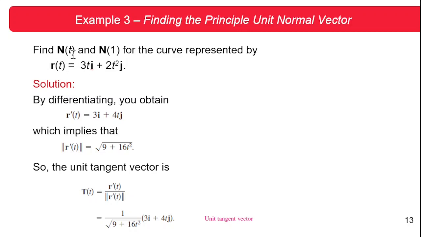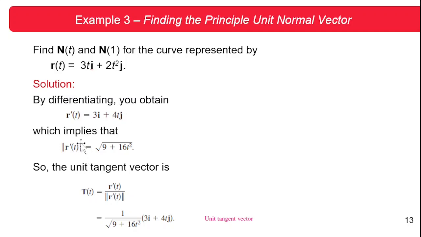To find the unit normal vector to this curve, we have to differentiate the given vector r(t). So the first derivative is the derivative of the first component, 3i, plus the derivative of the second component, which is 4t j.